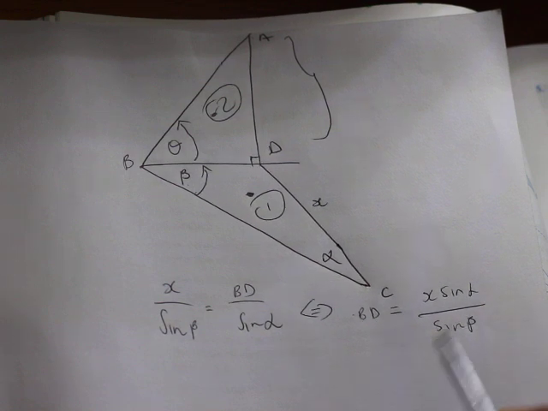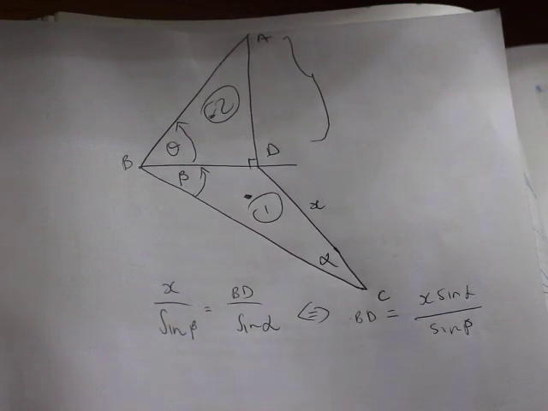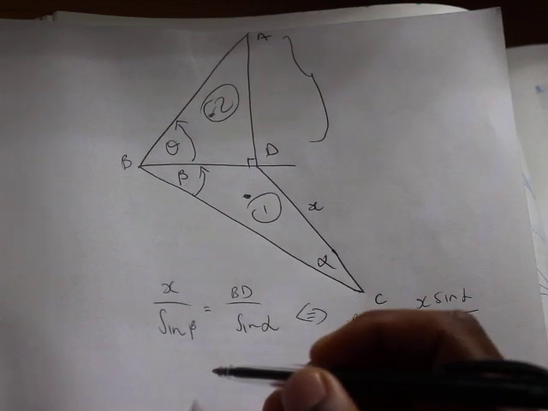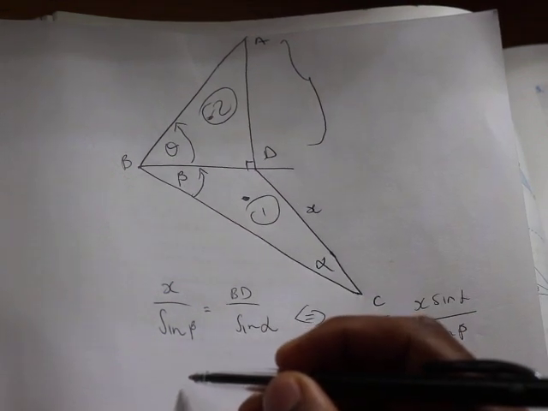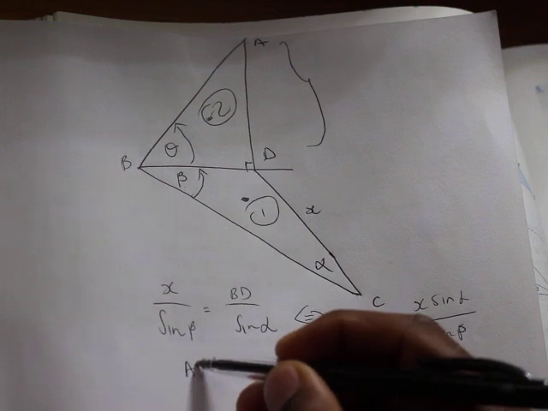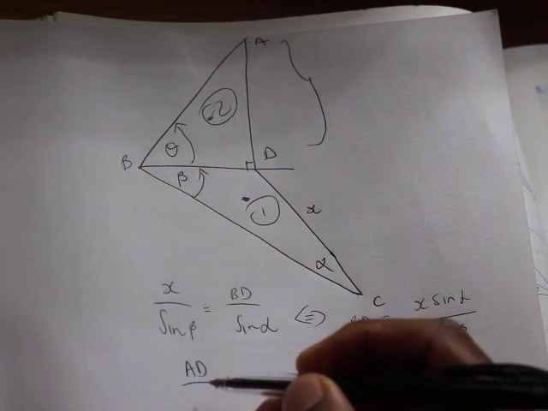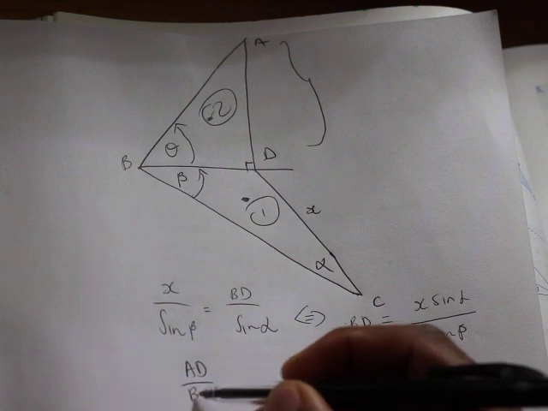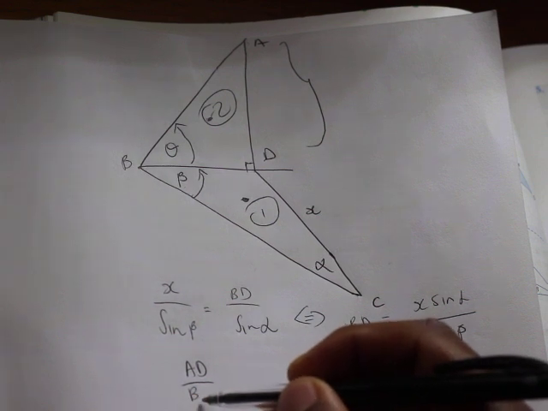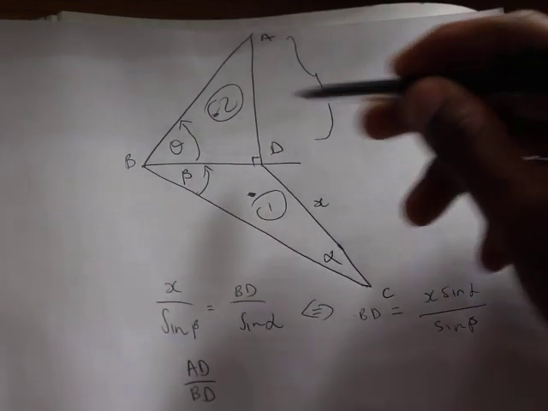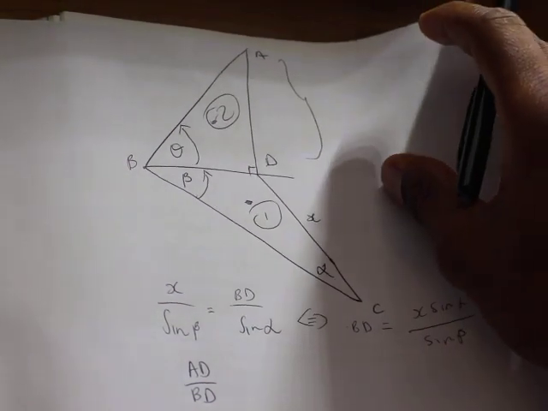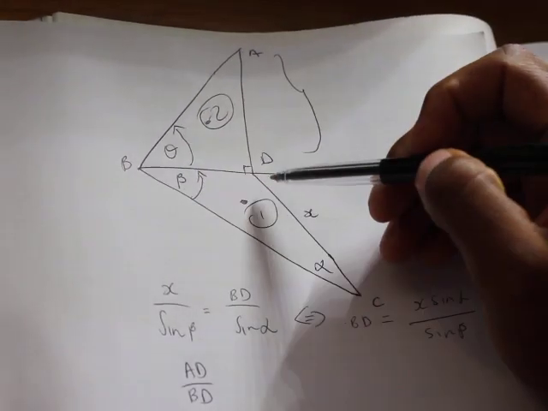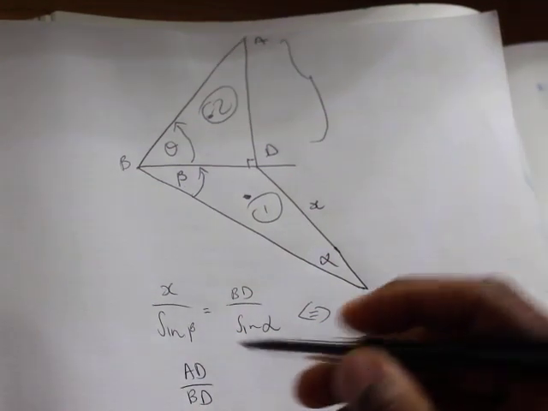So we've got BD. Now we're going to say, okay, we know that AD over BD. We're in triangle 2 now. AD over BD.